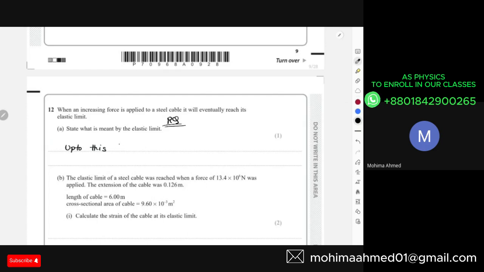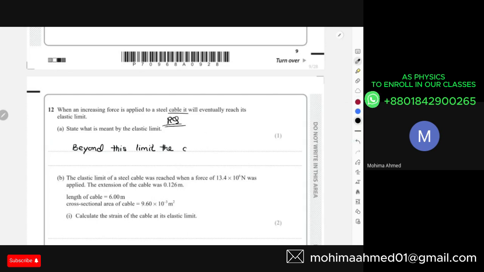Up to this limit, so beyond this limit, we should write. They're talking about cable here, so we should write down the material as cable.